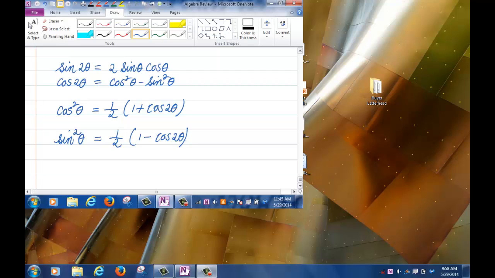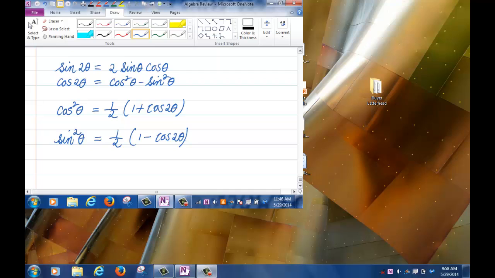Now, for the double angle formula, can you do it in reverse, converting cosine squared theta minus sine squared theta to cosine? You can write it as 2 cosine squared minus 1, and that's actually where you get this one from.